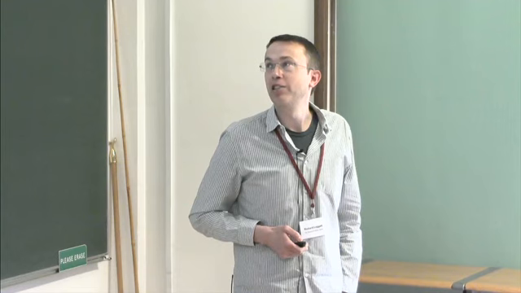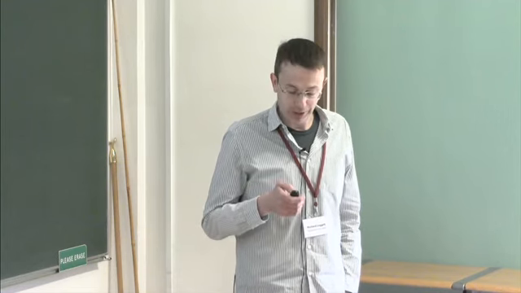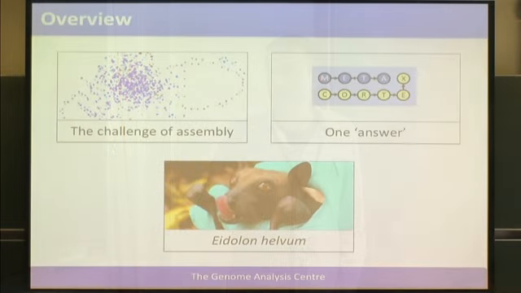So it's not an answer, but it's maybe a step on the journey. And then talk about these cuddly creatures here, which are straw-coloured fruit bats, and a project we looked at trying to understand the virome of these bats.